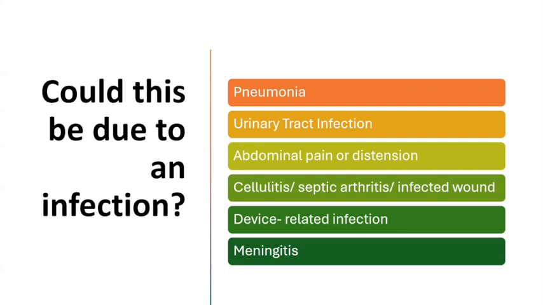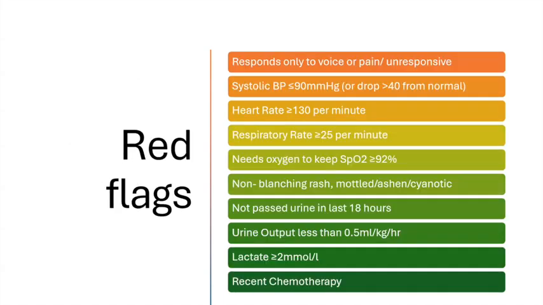For example, pneumonia, UTI, abdominal pain with maybe intra-abdominal sepsis, cellulitis, septic arthritis, infected wound, device-related infection, meningitis. Or the source is unknown but the patient is showing features of sepsis. Focus on that, and then focus on any red flag signs.